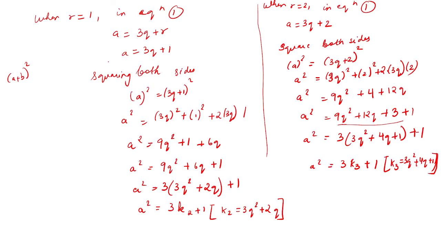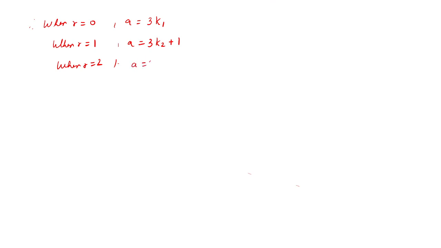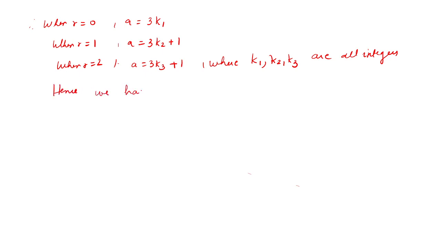A was equal to 3k3 plus 1, okay. Where k1, k2 and k3 are all integers, okay. Hence we have shown, okay. You can always conclude we have shown that, and you can write the rest.